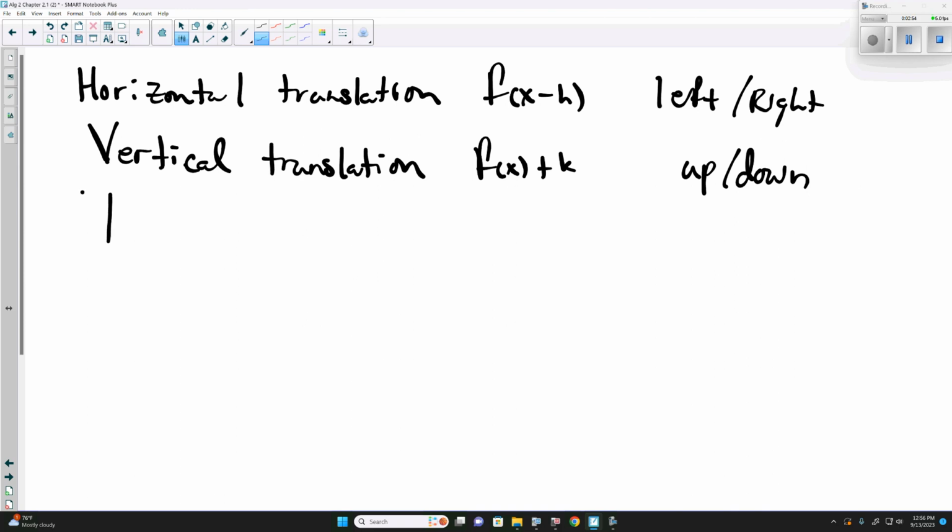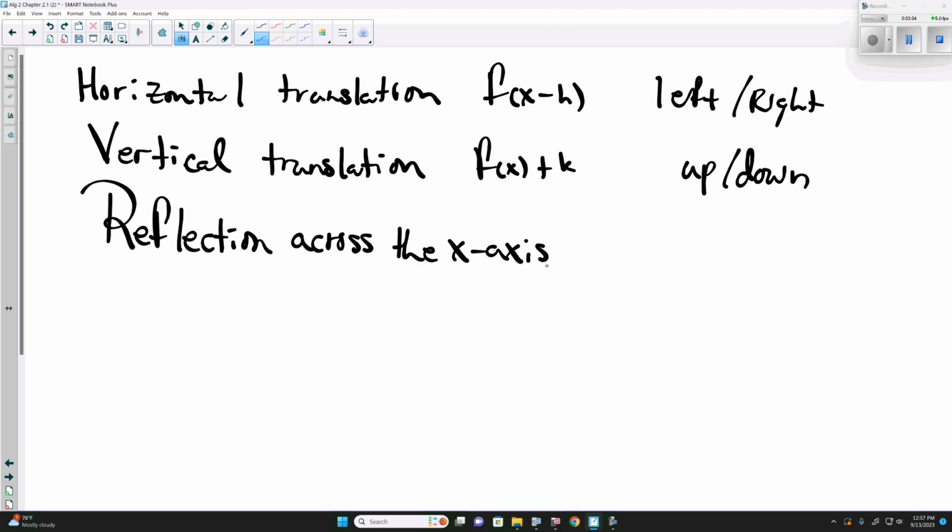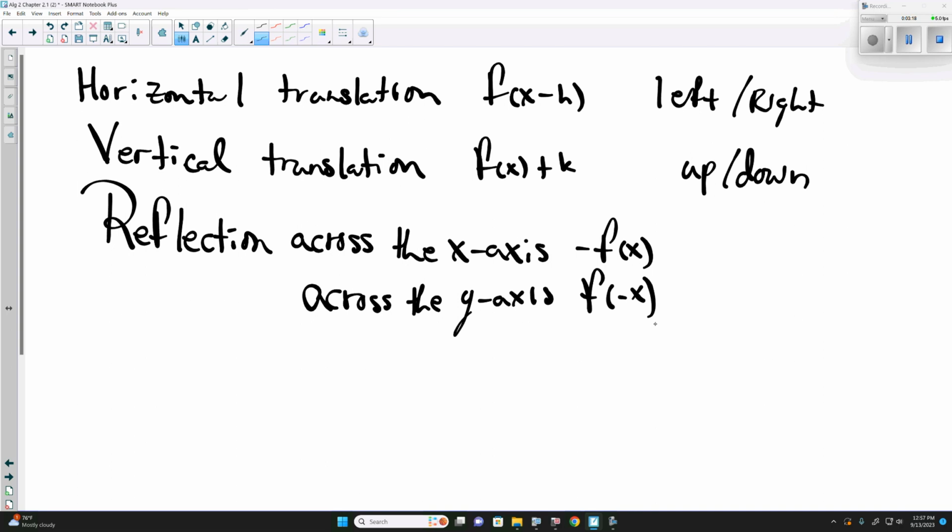Now we also have our reflection. Across the x-axis is given by the notation negative f(x). If it's across the y-axis, it's f(negative x).